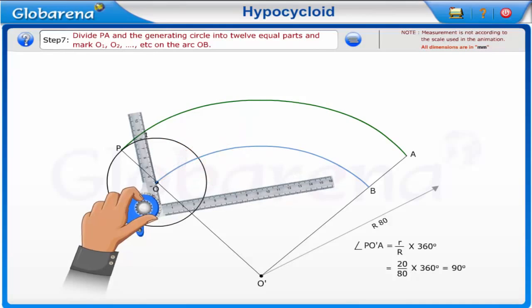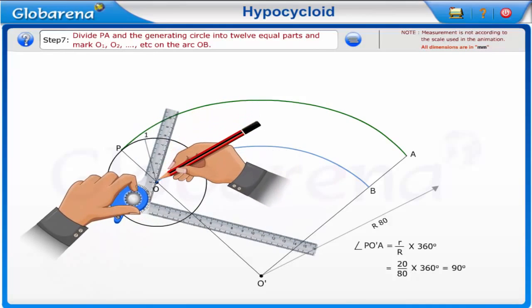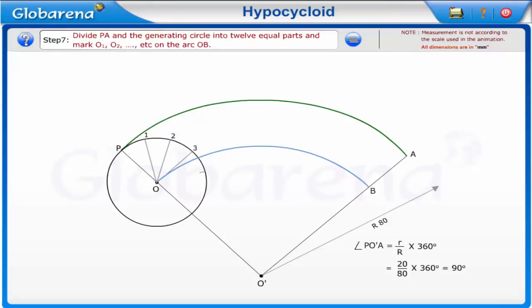Divide PA and the generating circle into 12 equal parts and mark O1, O2, etc. on the arc OB.